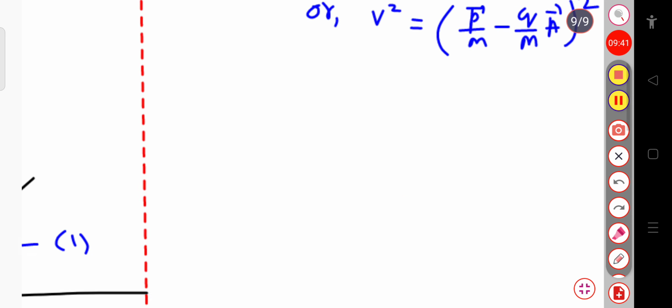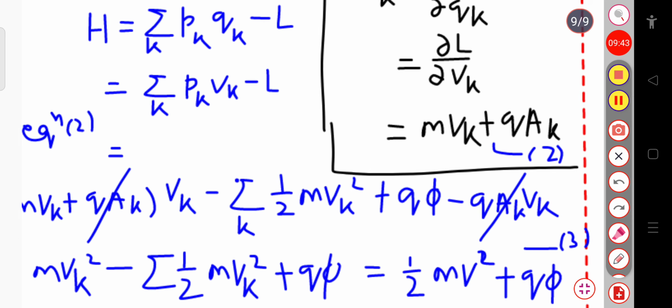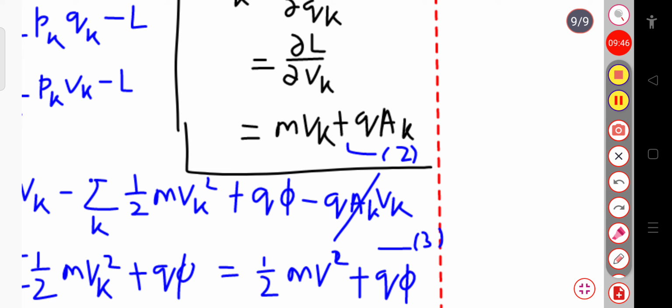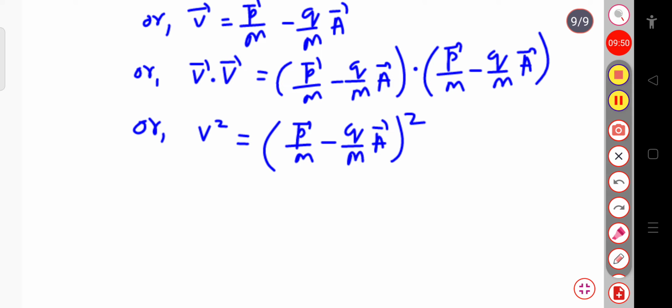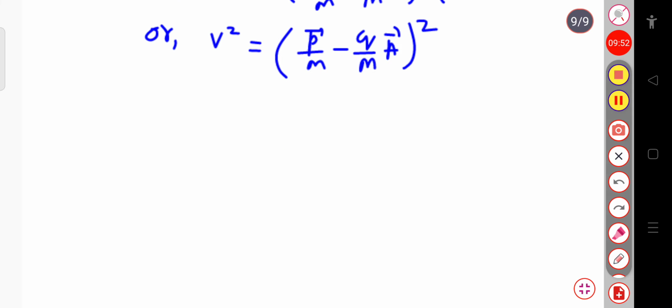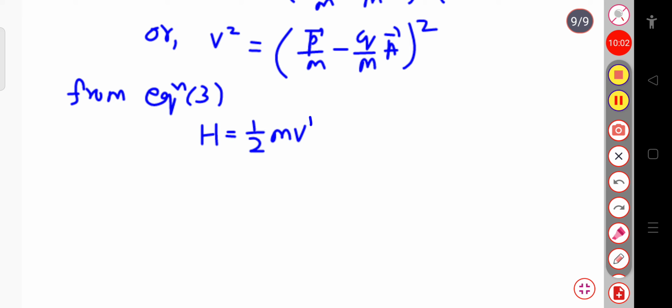Now in place of this Hamiltonian, we know the Hamiltonian equal to half m v square plus q phi, so in place of v square I can substitute this value. From equation 3, the Hamiltonian equals 1 by 2 m v square plus q phi.